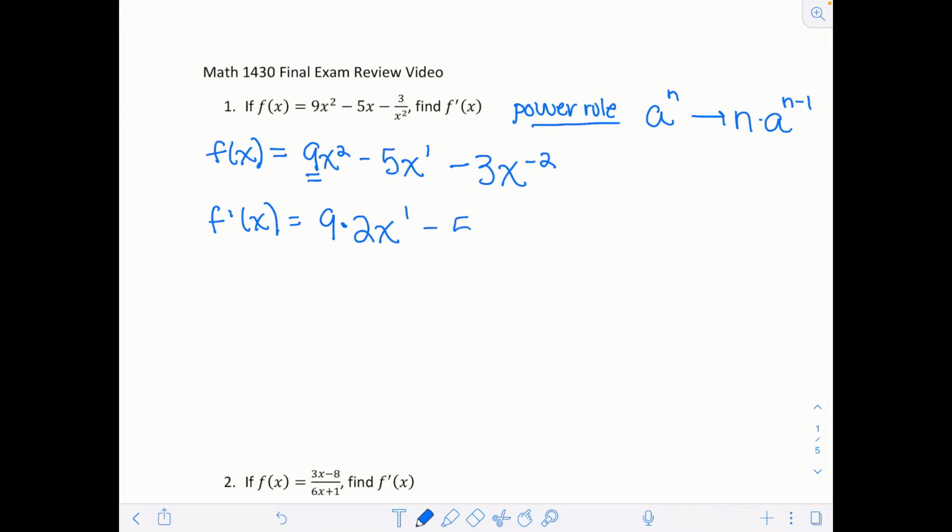And minus 5 times 1x, and then we subtract 1 from the exponent, so that becomes a 0, minus 3 times negative 2x, and then you want to be careful when you're dealing with a negative, because if I have negative 2 subtracting 1, that actually, the number itself gets larger, and it becomes negative 3.